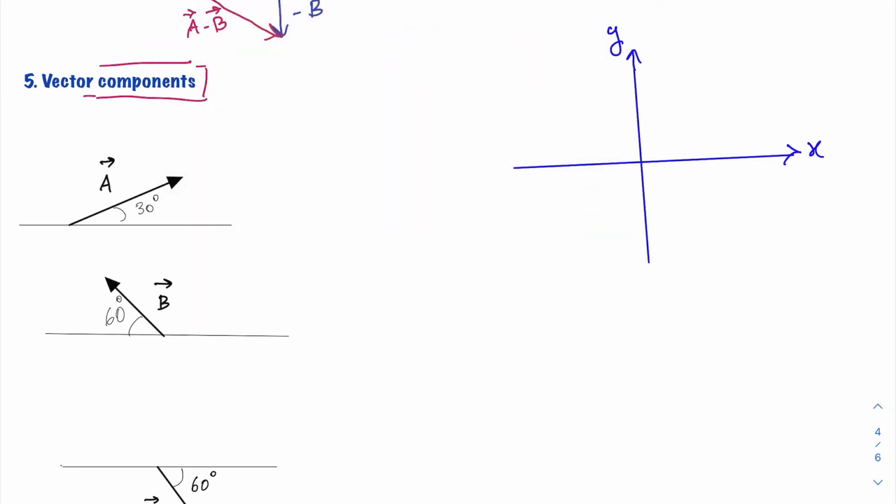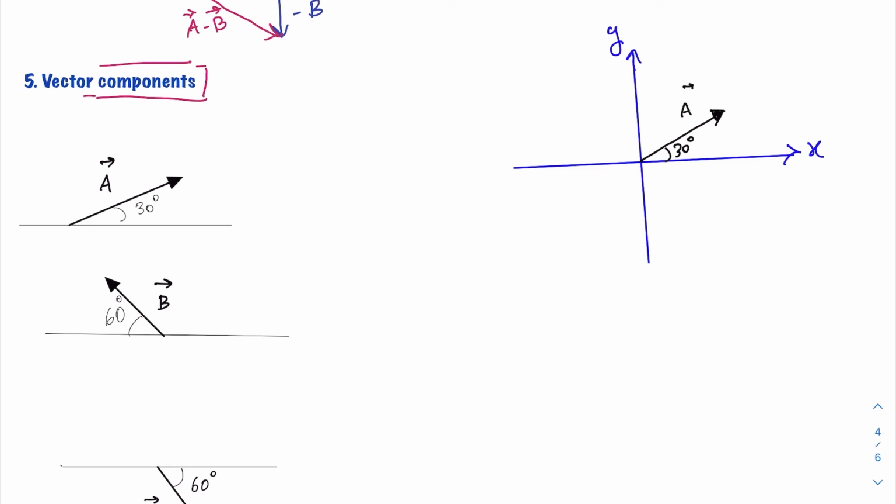And I will place this vector A here. Vector A has 30 degrees with the horizon. The horizon here is the x-axis. So components are the projection of the vector on each axis.